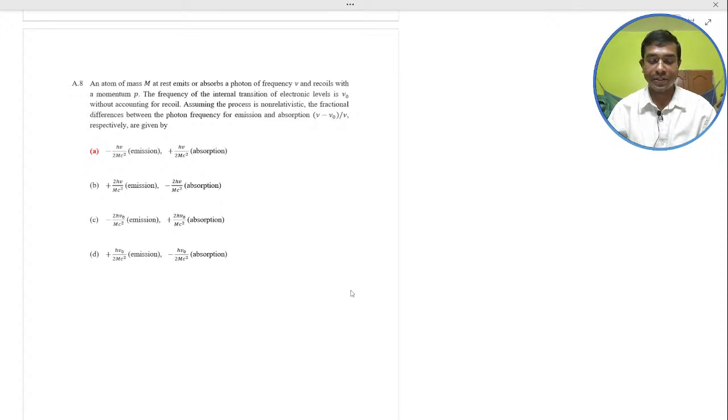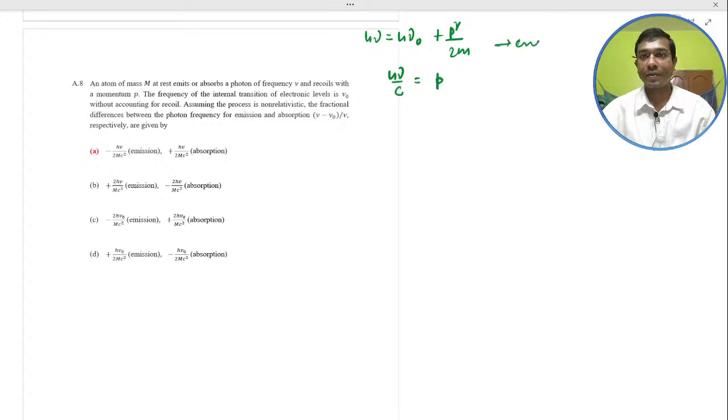So the energy conservation for absorption: h nu is equal to h nu naught plus p square by 2m, and the momentum conservation: h nu by c is p.